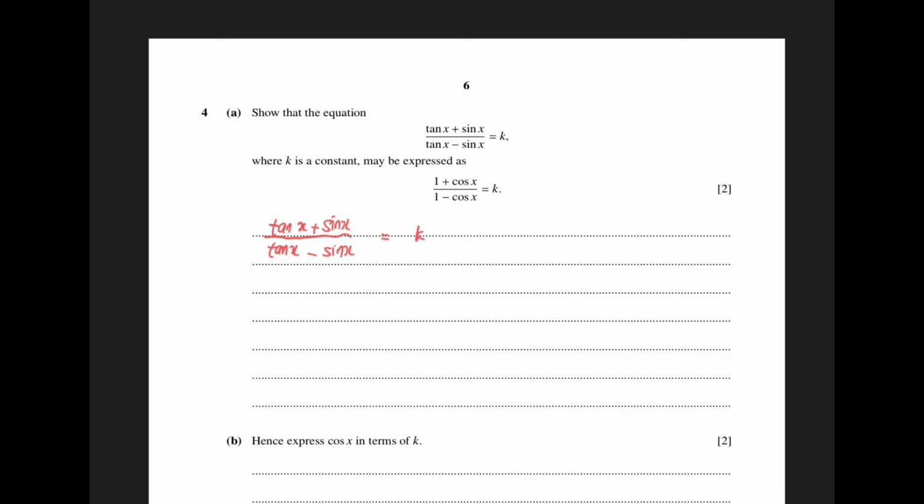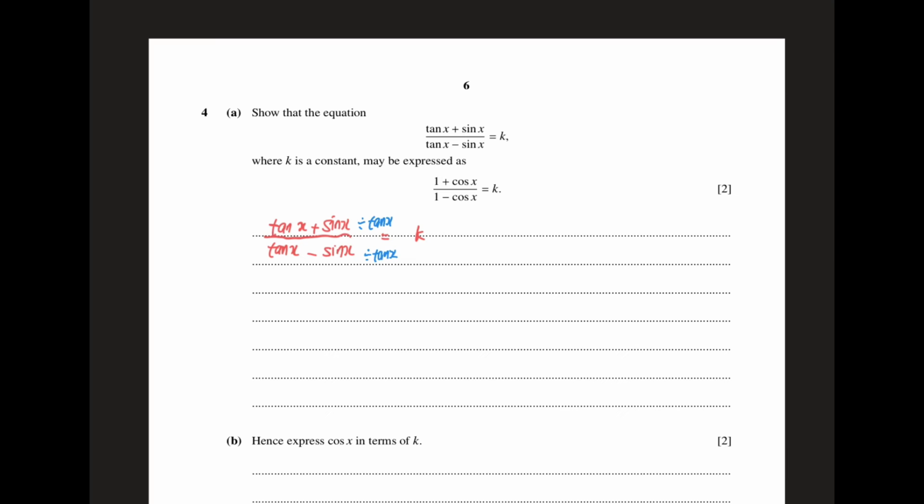So in order to get that, our concern here is the tangent has become 1. Sine has become cos. So tangent becomes 1, that is a bit obvious. We can divide by tangent up and down. Divide by tangent x, divide by tangent x.